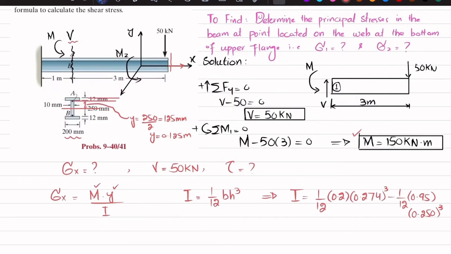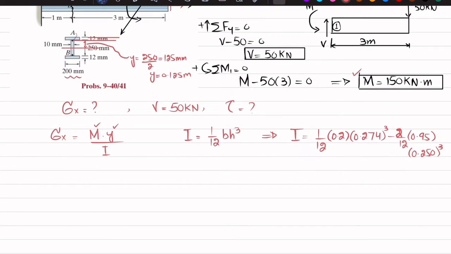And there are two empty portions, one is this one and other is this one. So I will multiply it with 2, so it will be 2 divided by 12. Clear? So when you calculate it, you will get the moment of inertia, and this I will be equal to 95.4512 into 10 raised to power minus 6 meter power 4.